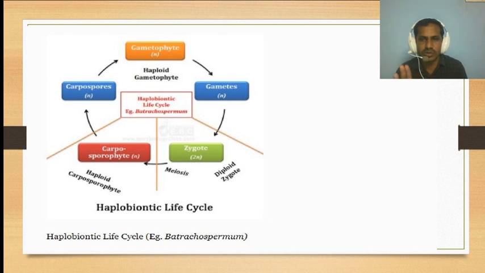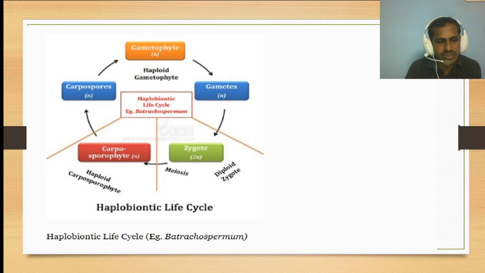Two diploid, one haploid in nature. Similarly, they can produce male gametes and female gametes. After that they form a zygote, and after the zygote they form a carposporophyte. The zygote is 2N in nature, then it undergoes meiosis.